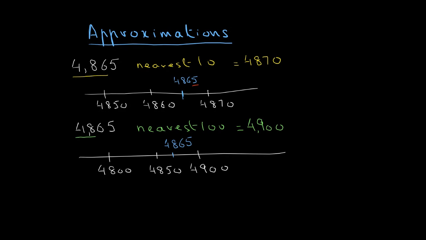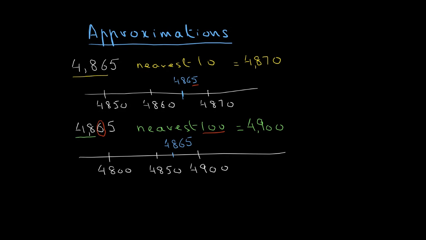So when I approximate to the nearest 100, I'll get 4900. Okay, now please note, I could have done it in a different way. I'm approximating to the nearest 100, so I'm going to look at the tens place, which is to the right of the hundreds place. The tens place is 6, so I'm going to round up, and I'm going to get 4900. The 8 will go to 9.